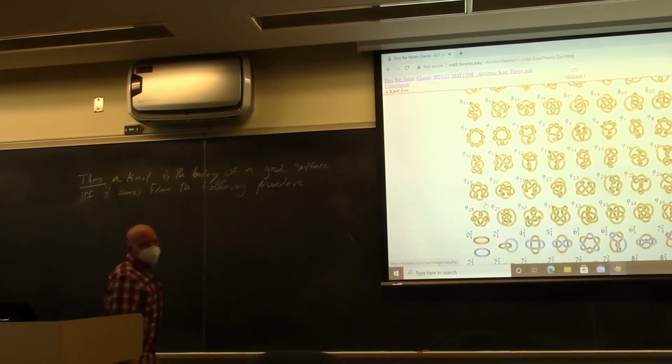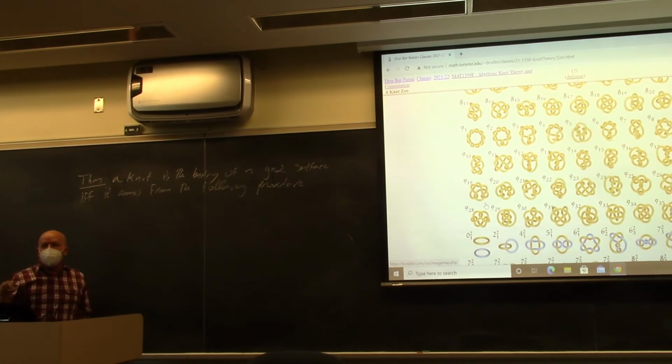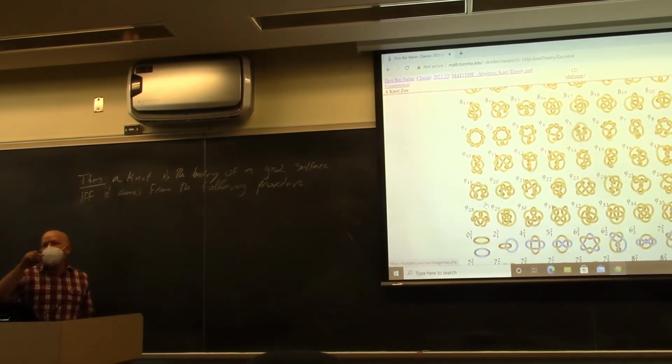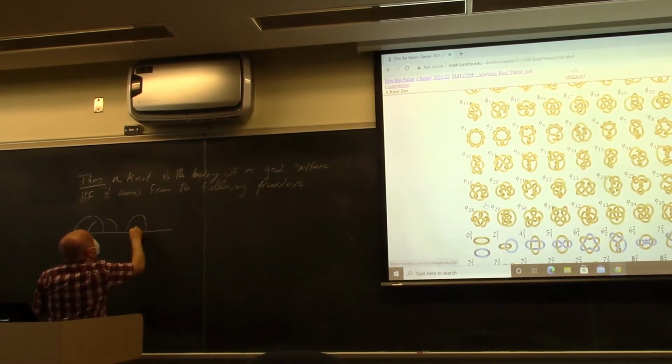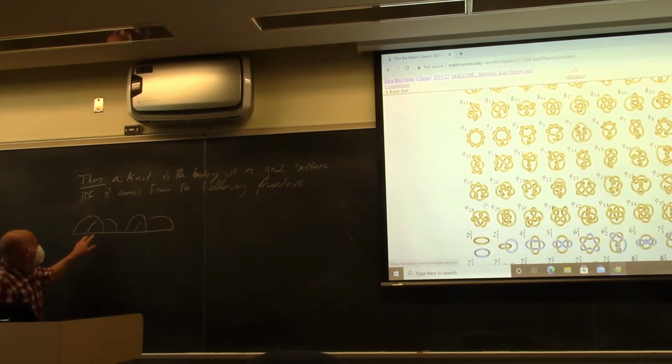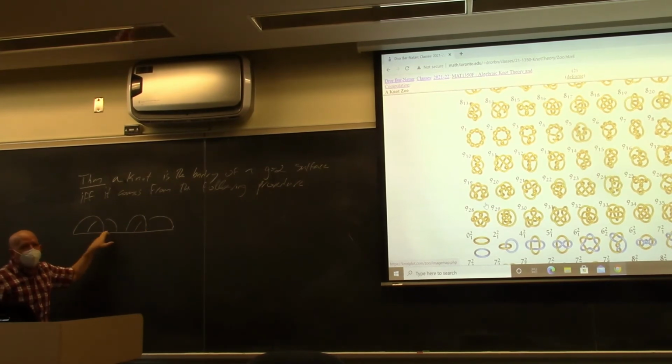So what's the procedure? You start from a caravan of 2 double hump camels. So here is 1 double hump camel, and here is the other, and that's a caravan of 2 of them.